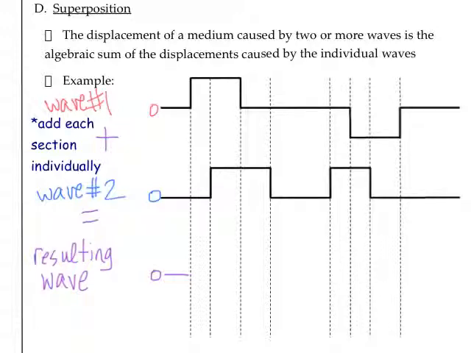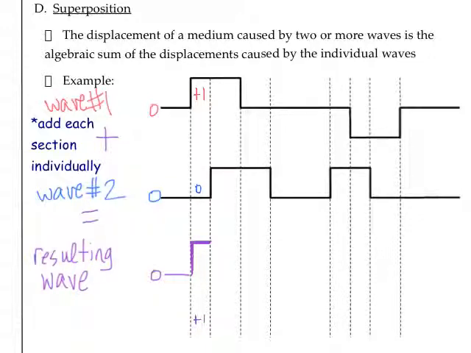So adding these two together, wave number 1 in this first section has an amplitude of +1, wave number 2 has an amplitude of 0, so that gives me a total of +1. So I'm going to simply move my wave and draw it up and over with a height or amplitude of +1.